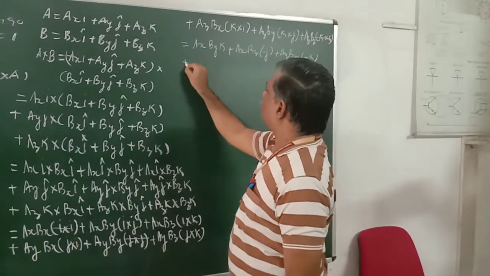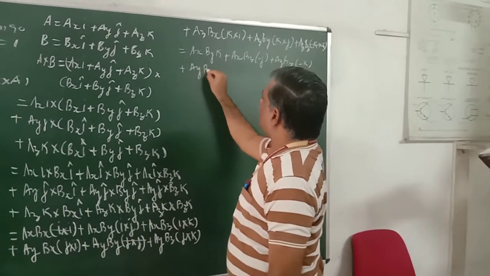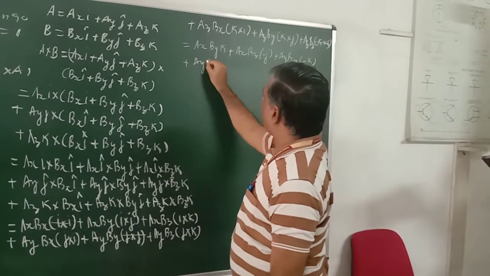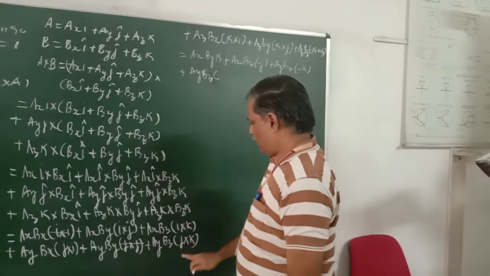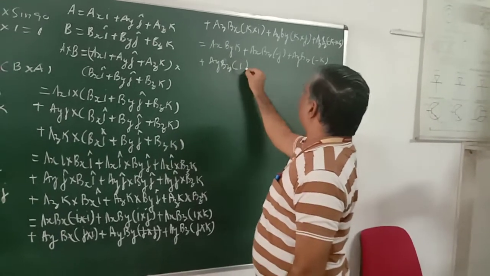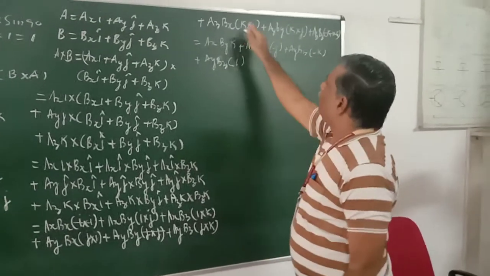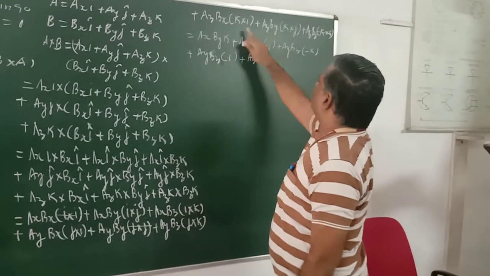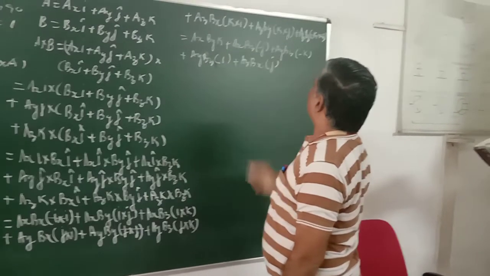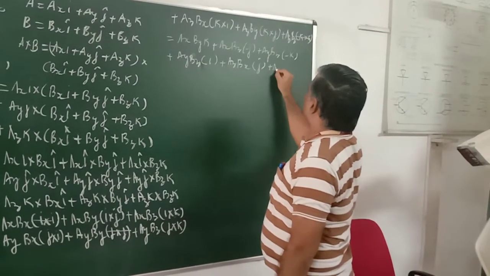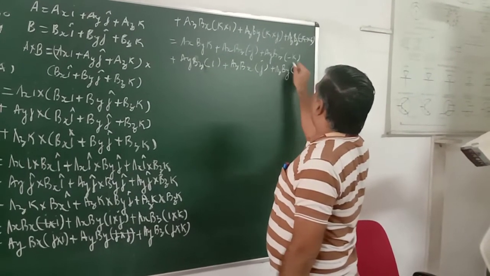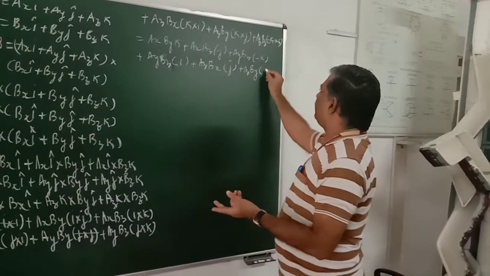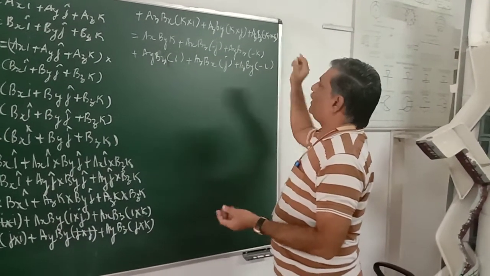Plus AY BY is 0. Plus AY BZ, j cross k is plus i. Plus AZ BX, k cross i becomes j. Plus AZ BY, k cross j; j cross k is i, so it becomes minus i.